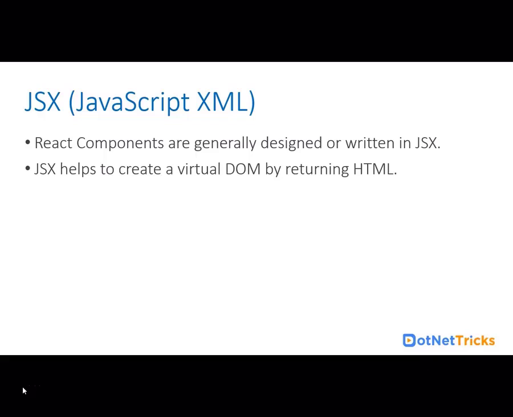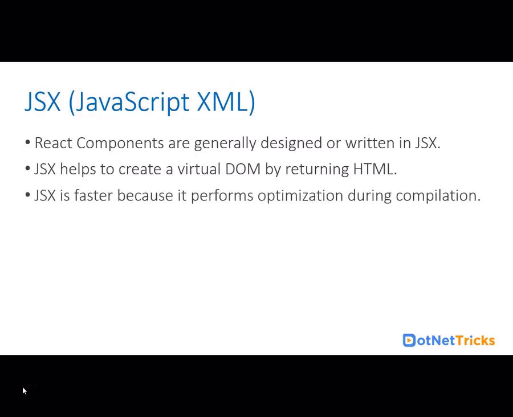We can use React without JSX also, but JSX makes React a lot more elegant and implements it in an XML pattern, which is easy to write and understand, and also faster. JSX is faster because it performs some optimization during compilation.